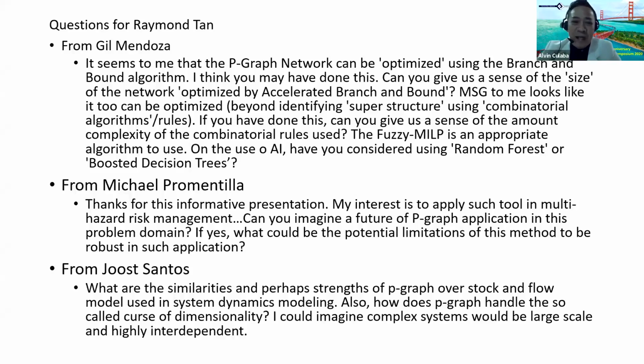MSG to me looks like it too can be optimized beyond identifying superstructure using combinatorial algorithms or rules. If you have done this, can you give us a sense of the amount of complexity of the combinatorial rules used? If the fuzzy MILP is an appropriate algorithm to use.